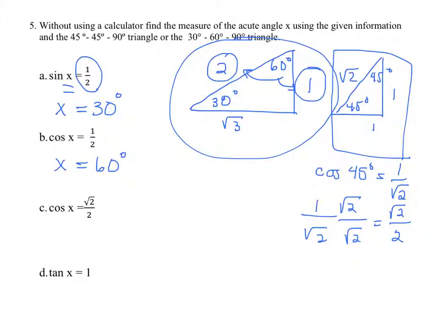Yay! So x is 45 degrees. What about the tangent? Well, let's take a look at this triangle again. The tangent of 45 is 1 over 1, which is 1. So x is 45 degrees.